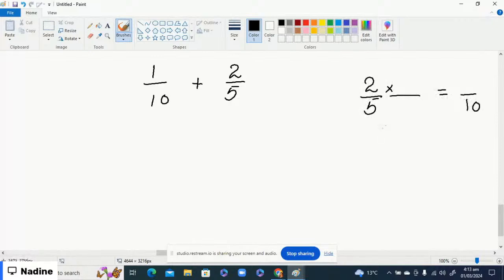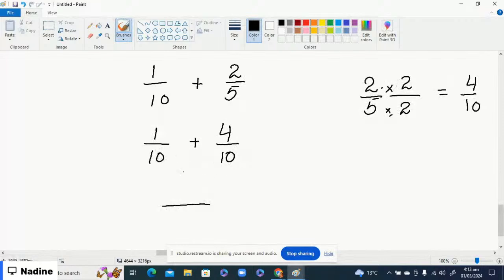We just multiply with 2, numerator as well as in the denominator. So 2 times 2 is 4. 5 times 2 is 10. So 1 by 10 here and in place of 2 by 5 we are going to put 4 over 10. Okay. So let's just put 10 and 10.